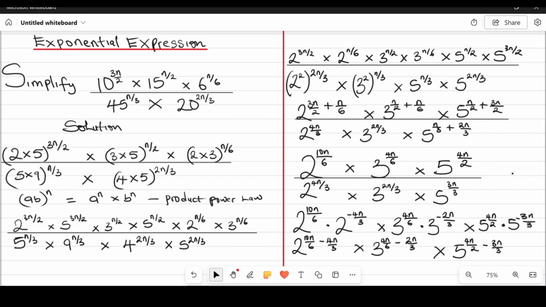So at this point, we have been able to apply our multiplication law of indices.